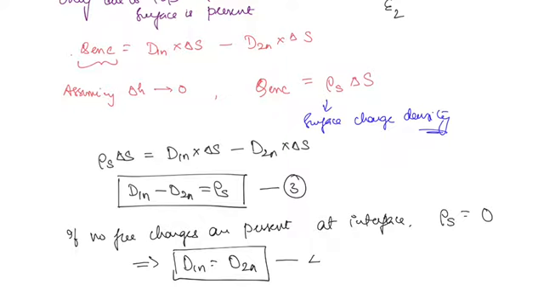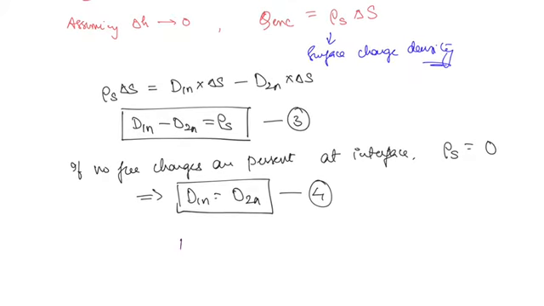So this means that the normal component is not going to change. And you can write down the normal component of the electric field E1n, right? So d1n will be epsilon 1 E1n, and this will be equal to epsilon 2 E2n.